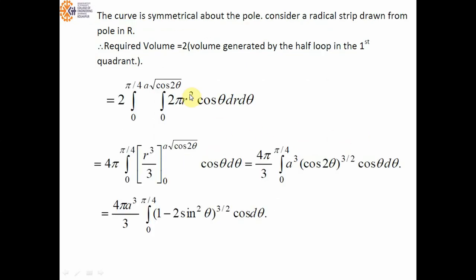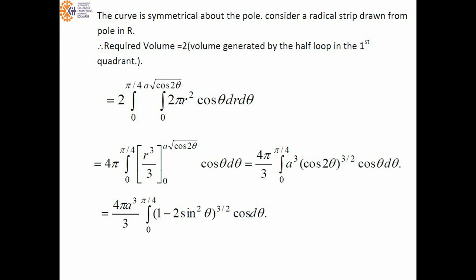and we get the required volume is equal to 2 into the volume generated by the half loop in the first quadrant, that is equal to 2 into integration 0 to pi by 4, integration 0 to a into under root cos 2 theta, 2 pi r square cos theta dr d theta.